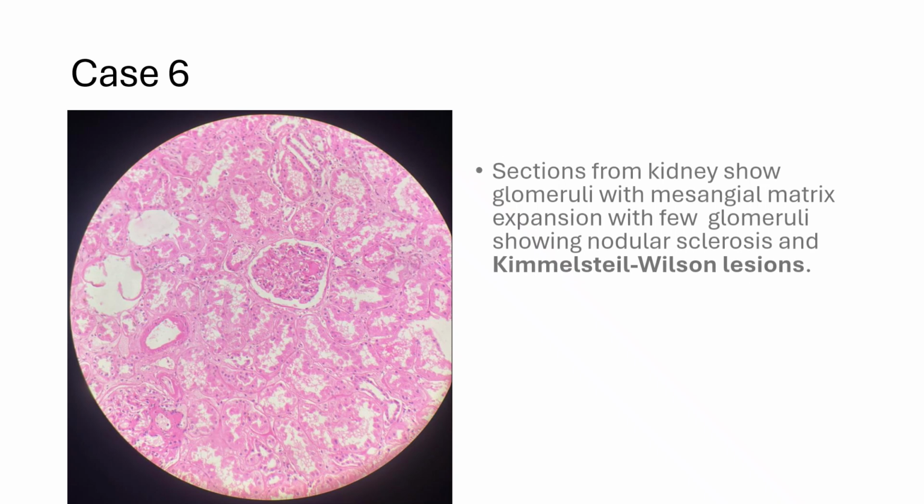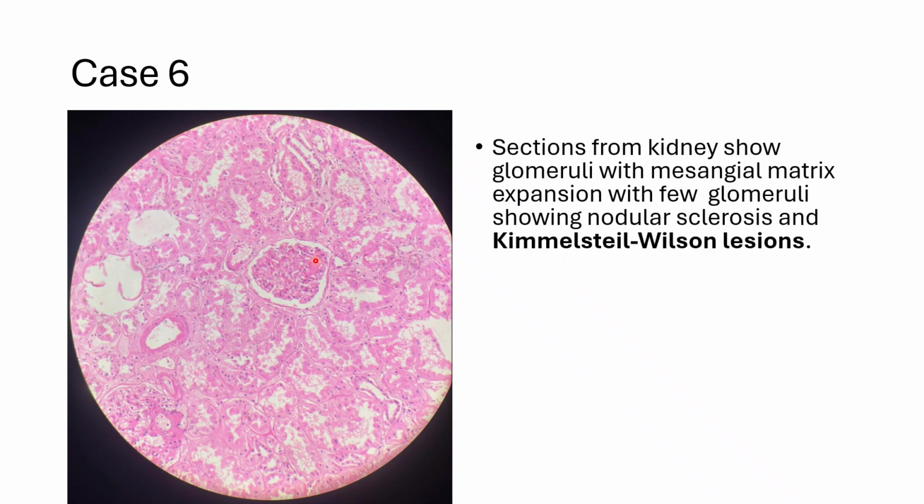So next we have case 5. This kidney shows mesangial matrix expansion with few glomeruli showing nodular sclerosis. These are the Kimmelstiel-Wilson lesions. I have the enhanced view of the Kimmelstiel-Wilson lesion in the next image. Here we can see inside the glomerulus an eosinophilic mesangial nodule that is clearly seen.